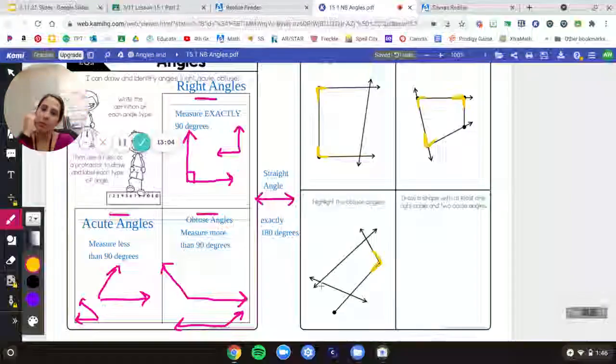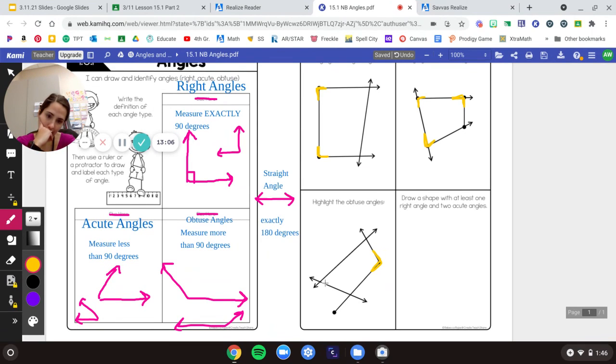What about this one? Comes in and straight up would be like that. It's a little bit inside. So nope, that one's acute too. What about this one? Straight. But this side kind of looks like it's opening up. I want to picture those right angles in my head. This one does come a little bigger, so this one is also obtuse.